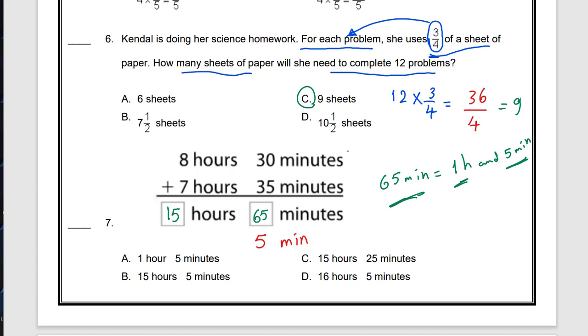We make the 65 minutes to be 1 hour and 5 minutes. So the minutes now is 5, and we will add 1 to the hours to be 16 hours. Okay, so the correct choice is D. Thank you, my hero.